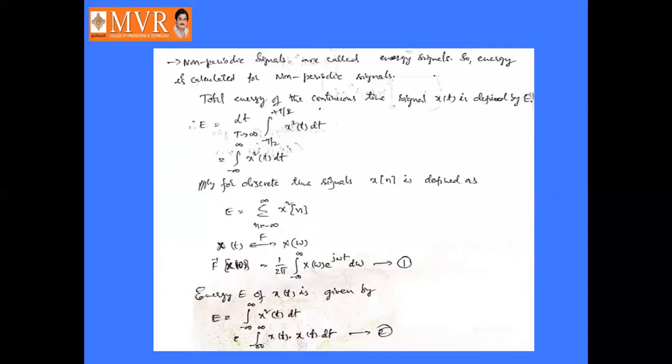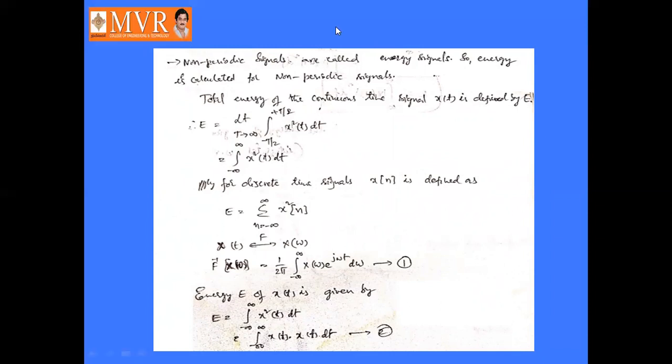Non-periodic signals are called energy signals, as we already know. So energy is calculated for non-periodic signals. The total energy of the continuous time signal x(t) is defined as E equal to the limit as T tends to infinity of the integral from −T/2 to +T/2 of x²(t) dt.